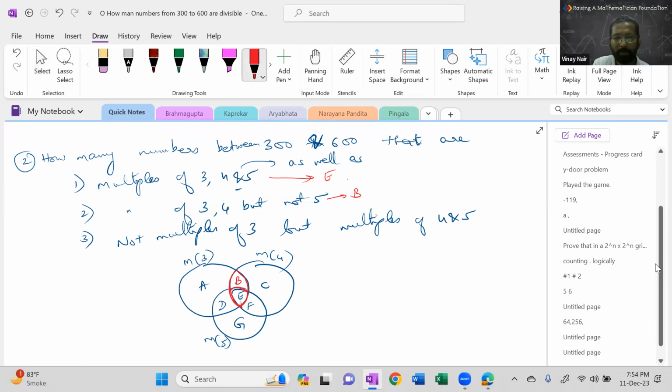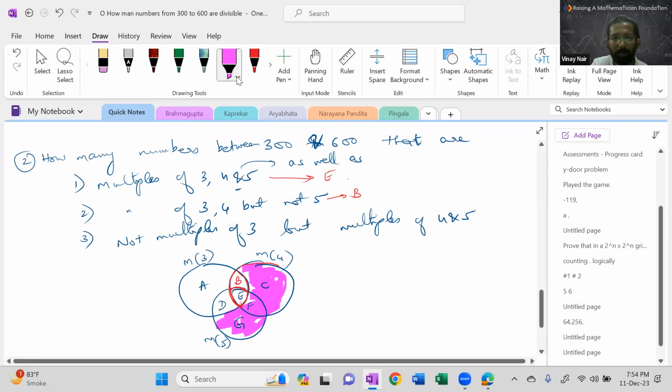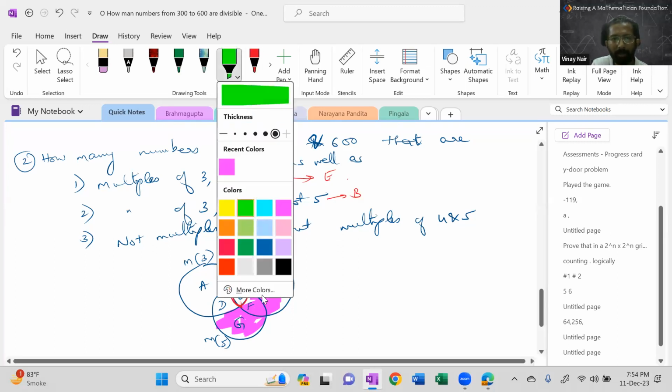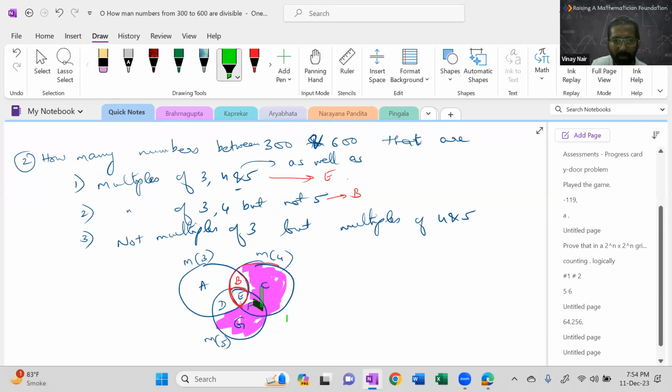So not multiples of 3 means it will be outside of 3. It has to be this, not multiples of 3. And in this, not multiples of 3, but multiples of 4 and 5. So 4 and 5, the common portion is here. Right? So we are talking about F. So once you have this, then everything else is cakewalk. You can just do it fast.